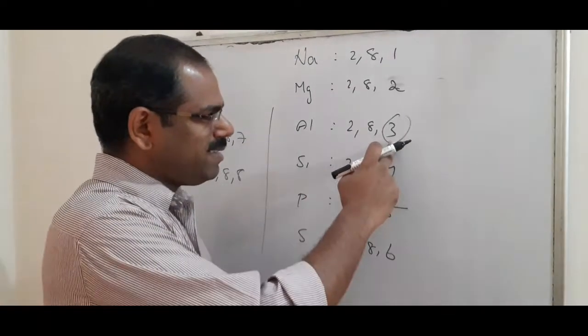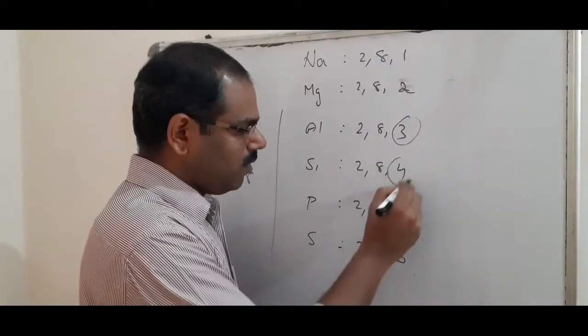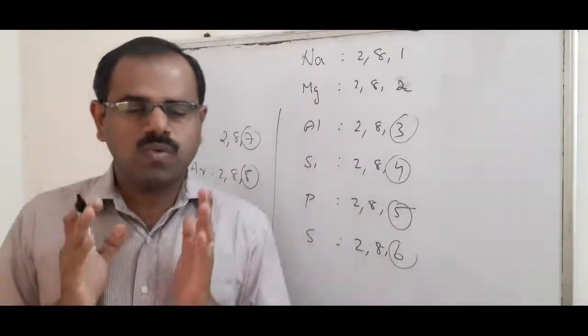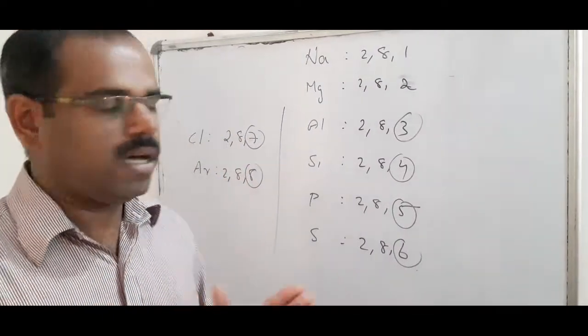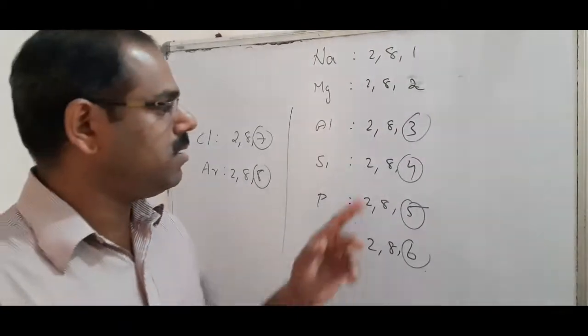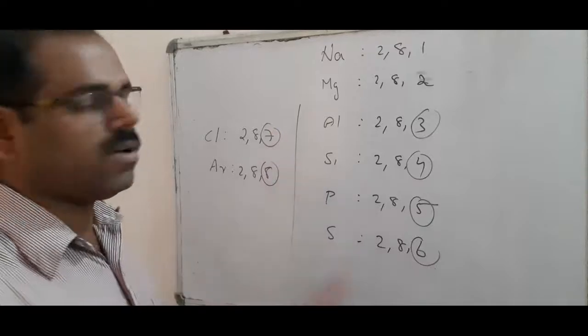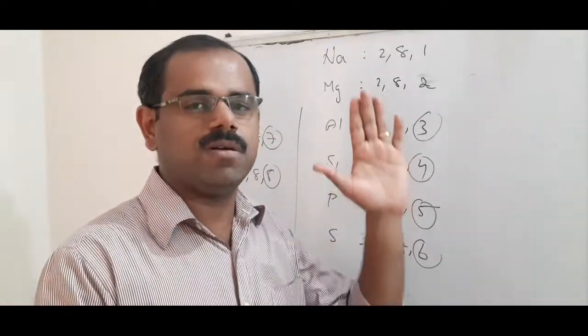While looking at the valence electrons here, 3, 4, 5, 6, 7 or 8, it is very clear that these elements do not belong to group 3, group 4, group 5, group 6, group 7 or group 8.